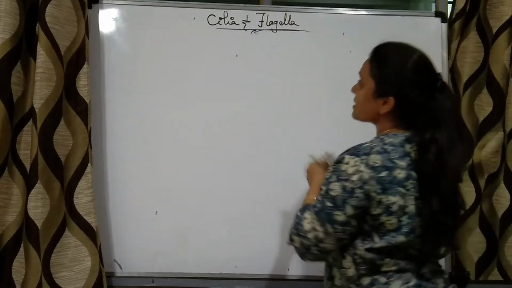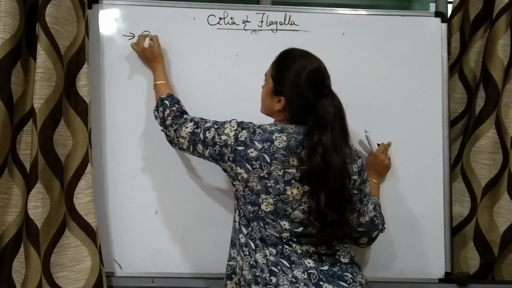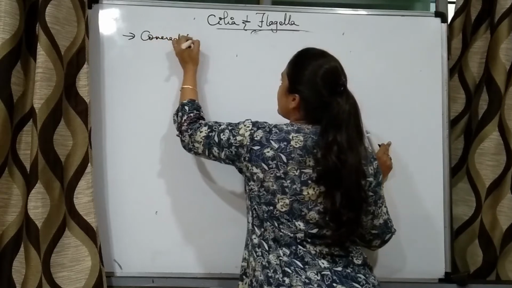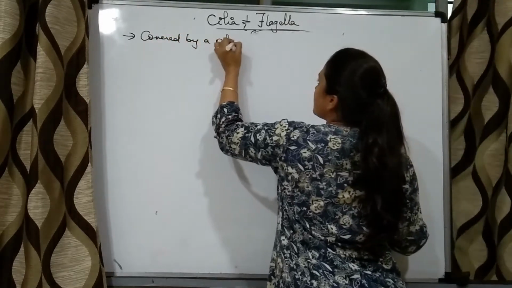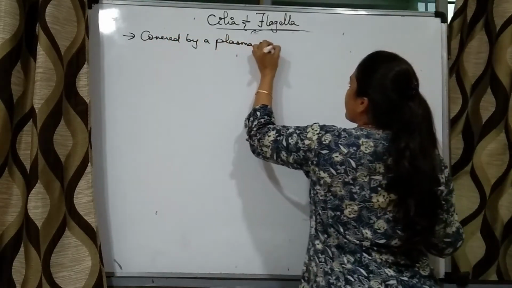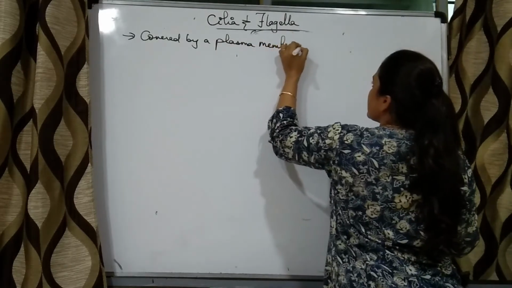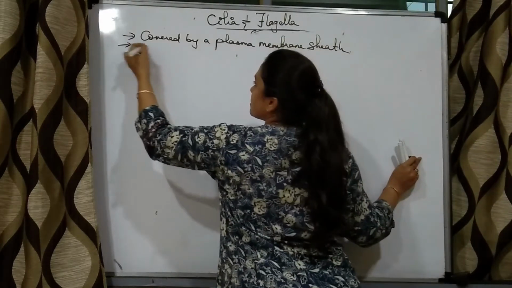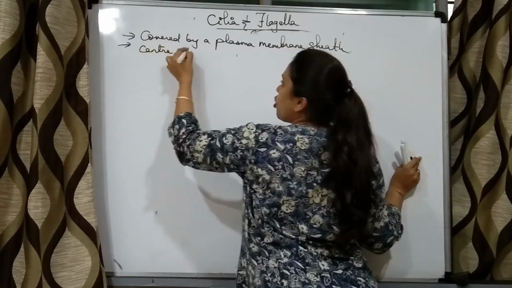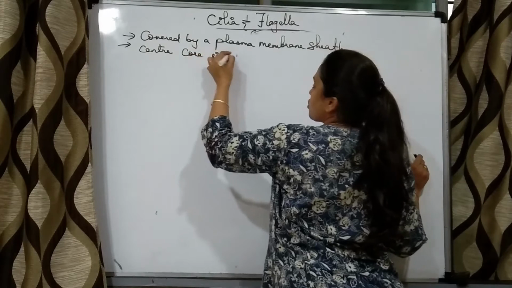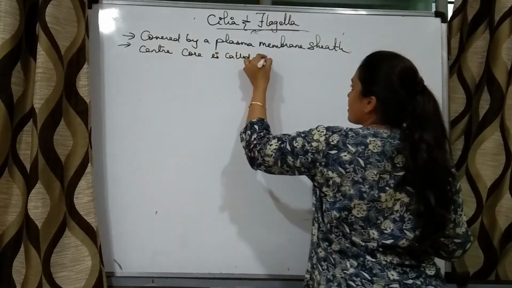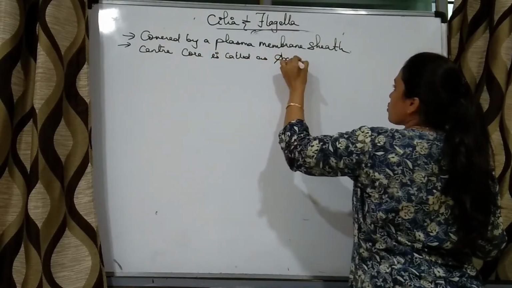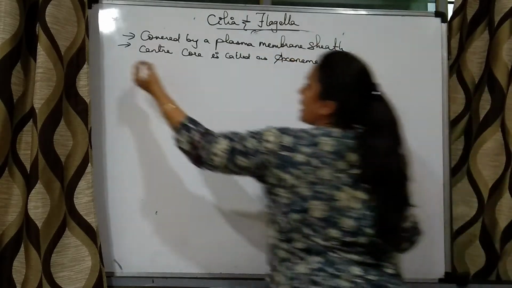The first thing is it is covered by a plasma membrane sheath, and the central core is called the axoneme, right?